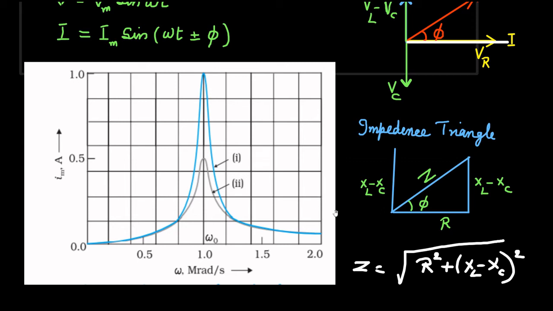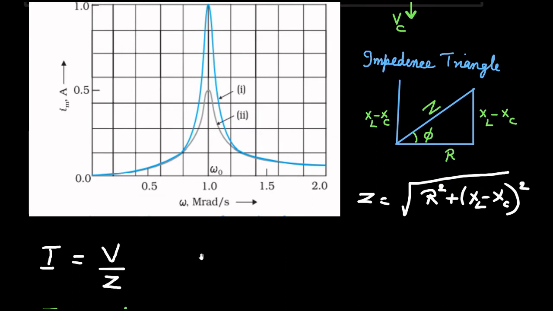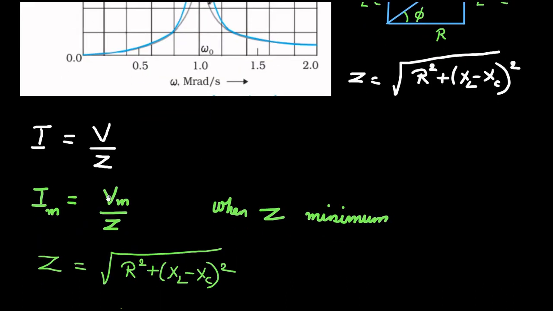At some other value of resistance, an even sharper value of current is obtained at the particular angular resonant frequency, which means when the circuit is in resonance, current will be having maximum value, which means impedance is minimum. Current maximum is represented as voltage maximum divided by impedance.